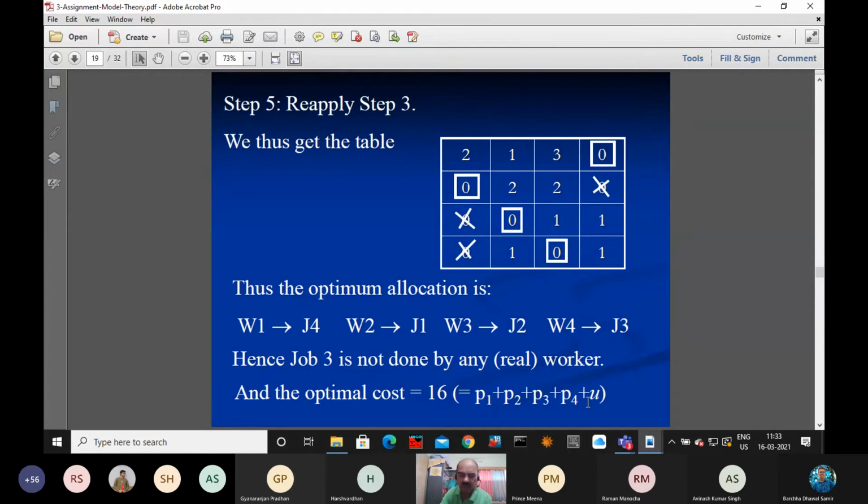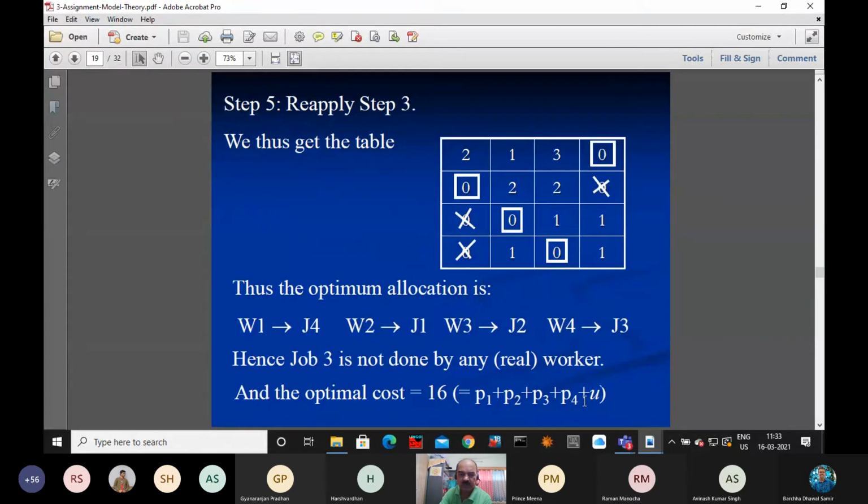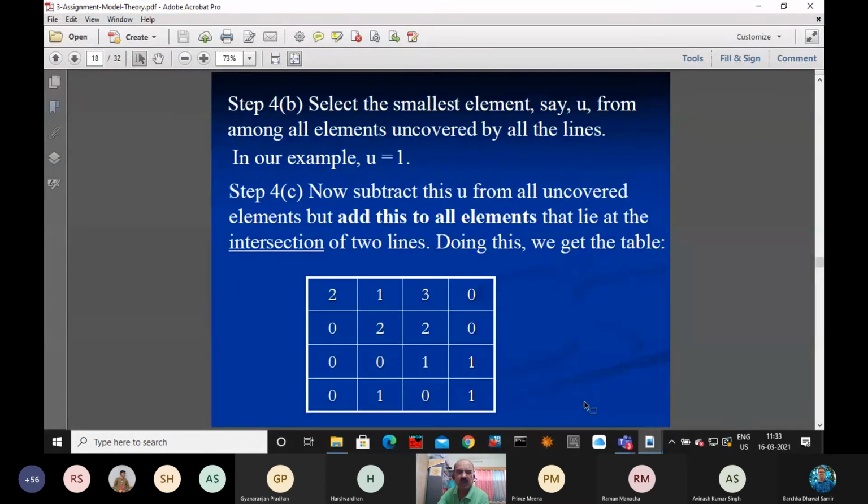What is U here? You can see here that U, because among all the covered and uncovered elements, among all the uncovered elements, the minimum was 1.